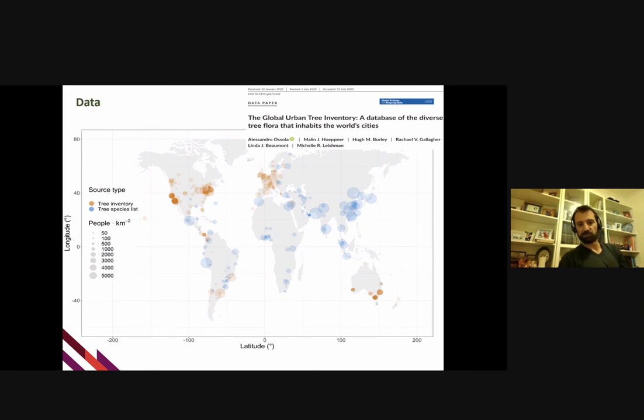For other countries, we wanted to increase the coverage as much as we could. And so we relied on species lists published in gray literature and in the scientific literature as well. As you can see here, we managed to collect data for about 473 cities and towns globally.